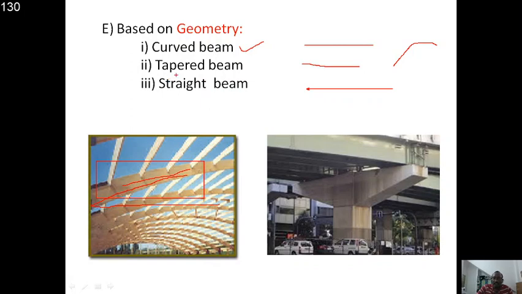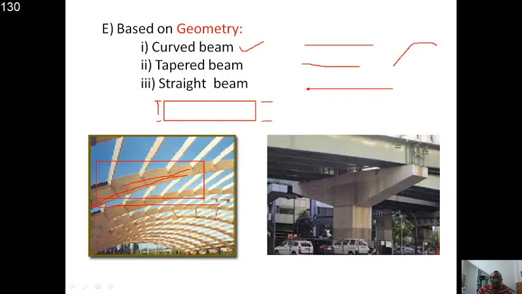Tapered beam is one whose depth is going to be decreased. In general, a straight rectangular beam is like this. The depth at this point is similar to the end point also, right?